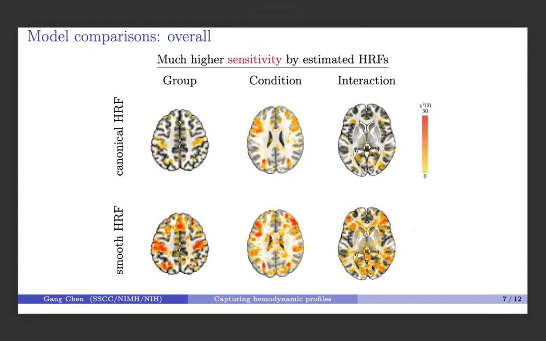The third column is the interaction between group and condition. Overall, you can see that the second row is much more sensitive. The smooth HRF approach is much more sensitive than the canonical HRF. So that's the big picture.